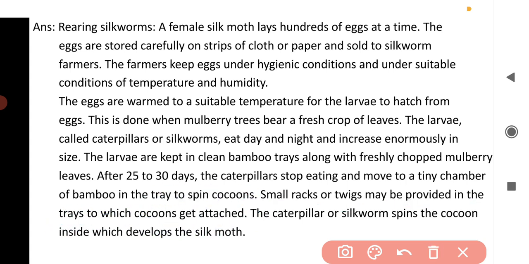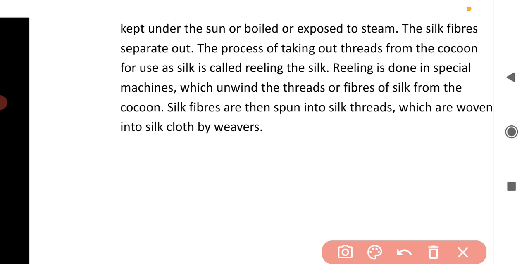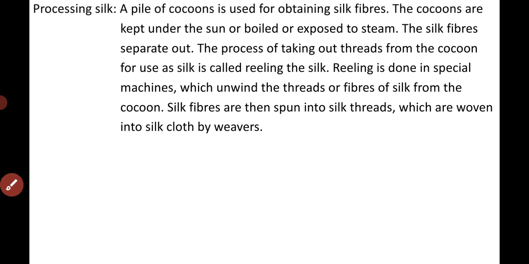Then the cocoons get accumulated there on the twigs or racks. The pile of cocoons is used for obtaining silk fibers, and there will be a pile of cocoons left over there.